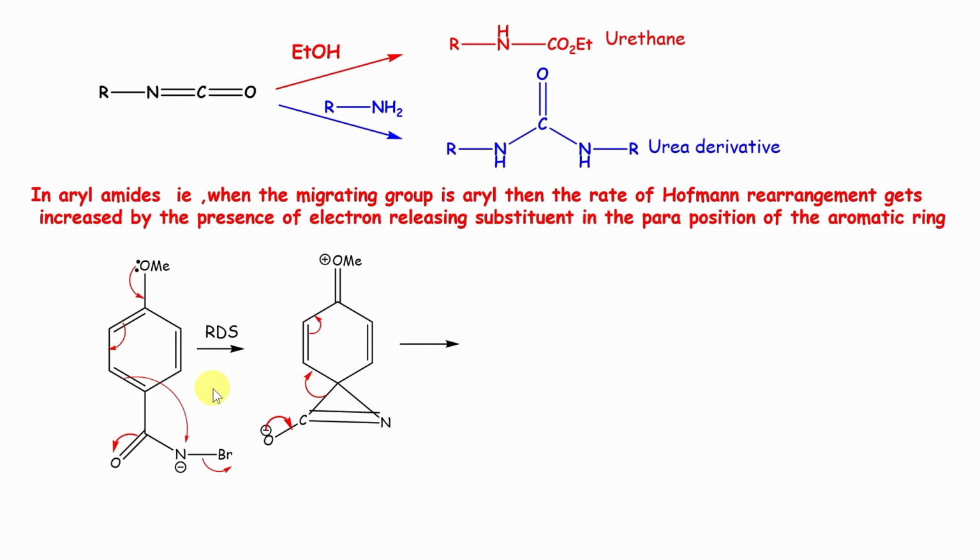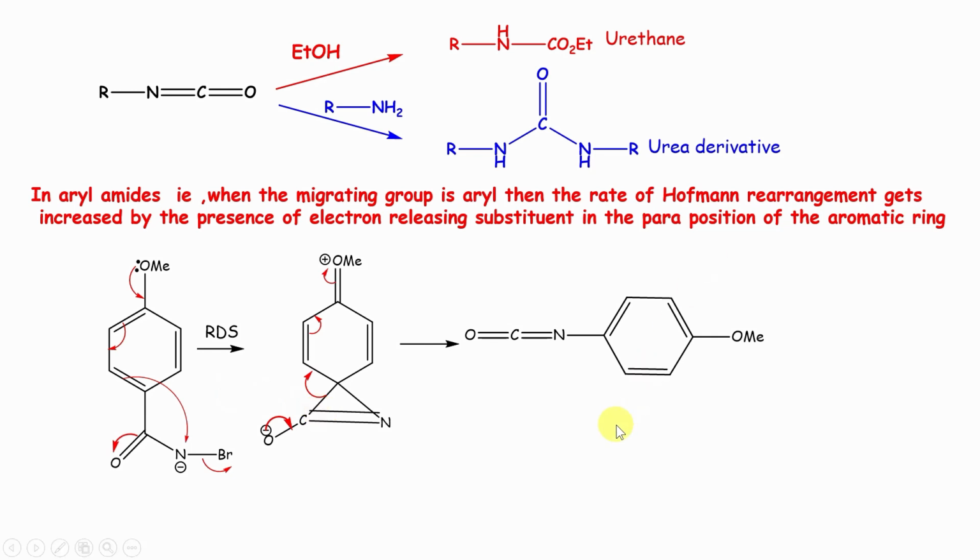Thereby electron shift towards the methoxy group takes place, forming this para-methoxy aryl isocyanate. Then, as in the usual case, hydrolysis takes place, forming para-methoxy aniline.